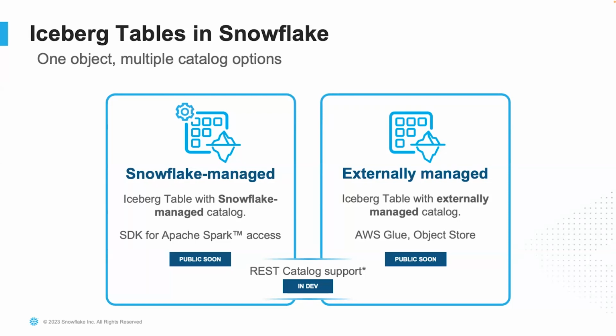We're also working on support for the Apache Iceberg REST API spec. This will expand the number of engines and catalogs that we can support for connecting to Snowflake managed Iceberg tables, or to the catalogs that we can externally connect to and consume Iceberg data from those catalogs.